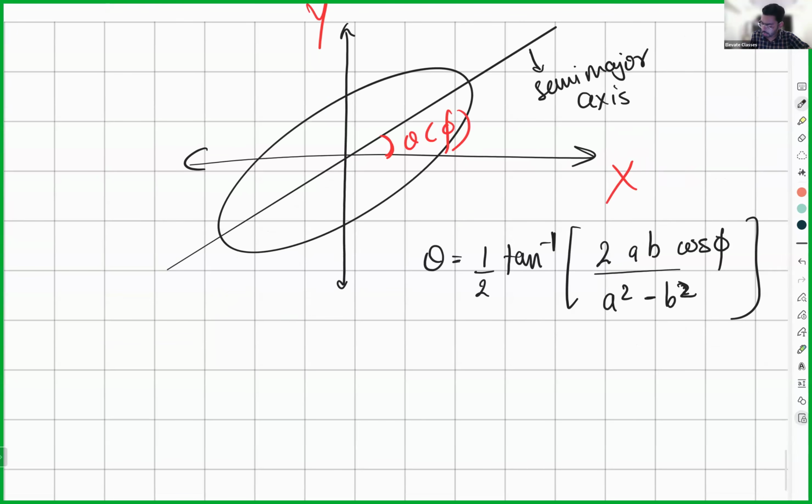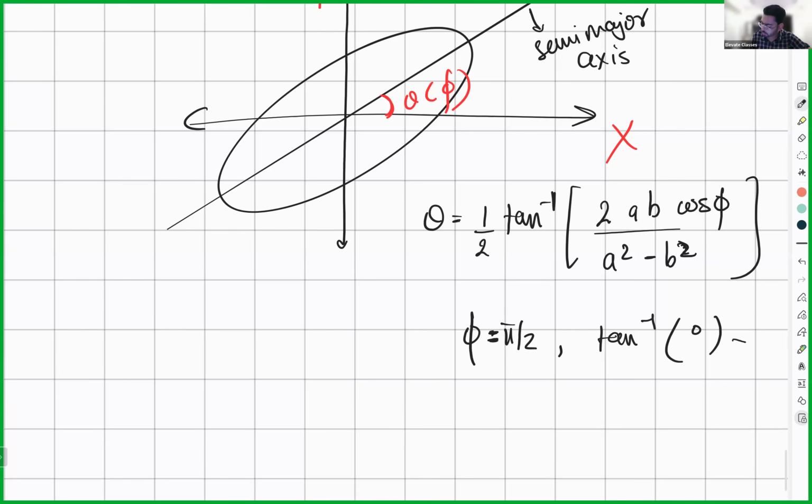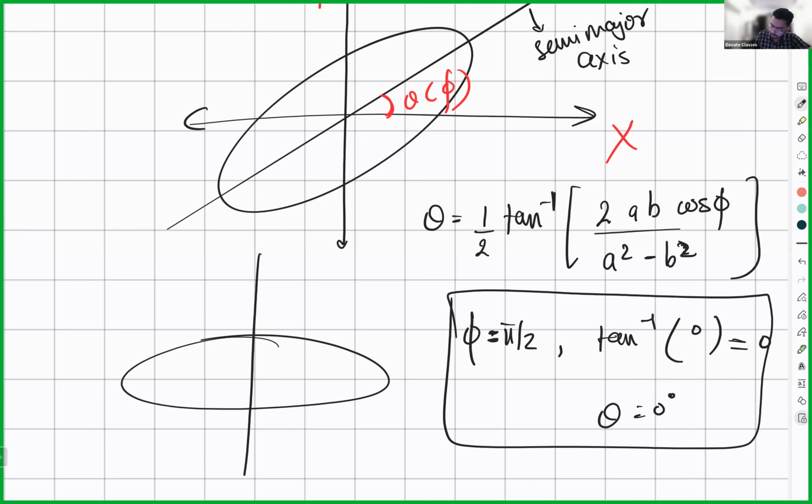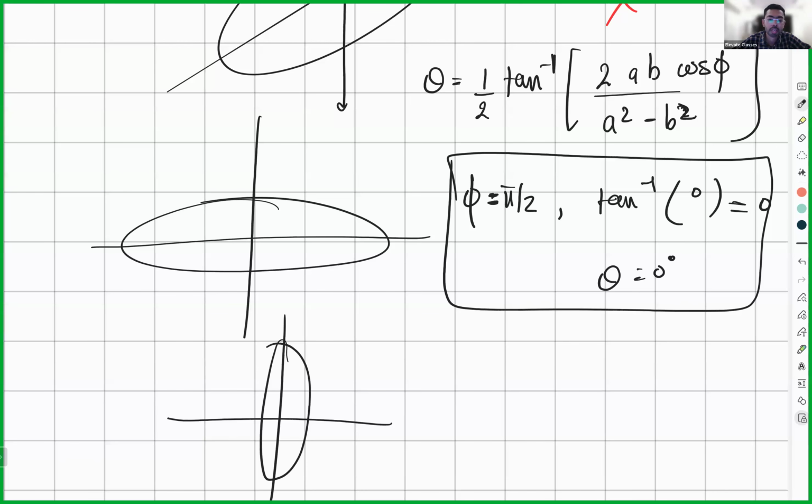So you see when I have phi equal to pi by 2, then I get tan inverse of 0. Tan inverse of 0 is 0, so theta is 0 degree, right? The tilt vanishes. Now it depends, if you have A greater than B, then you have this kind of ellipse. If you have B greater than A, you have this kind of ellipse, the vertical one.